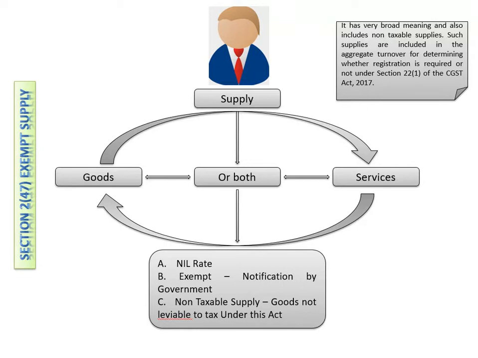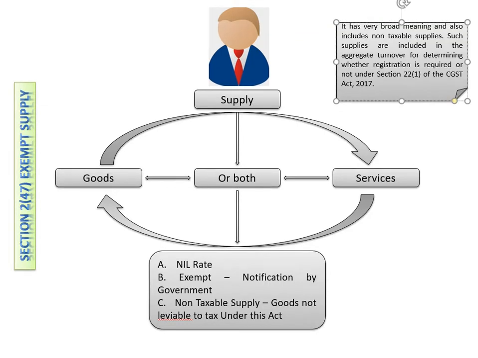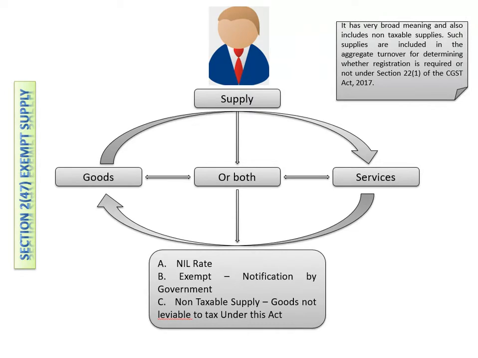Basically, it has a very broad meaning. It includes non-taxable supplies, such as supplies that are included in the aggregate turnover for determining whether registration is required under section 22 subsection 1 of the CGST Act 2017, which we'll get into in detail in the coming videos.